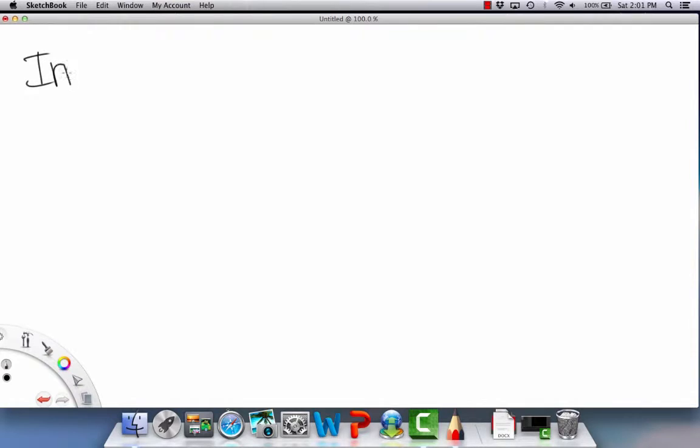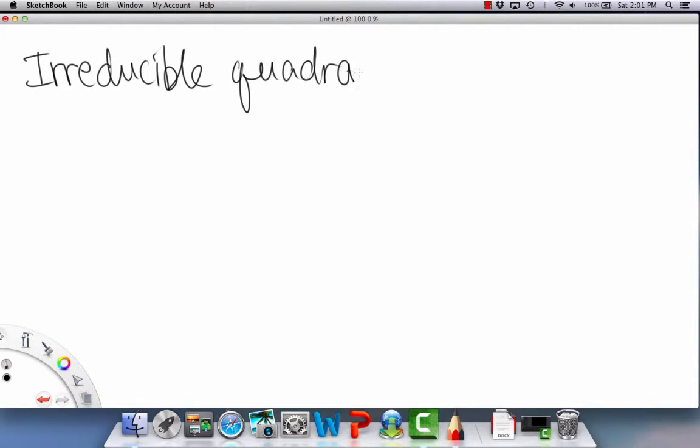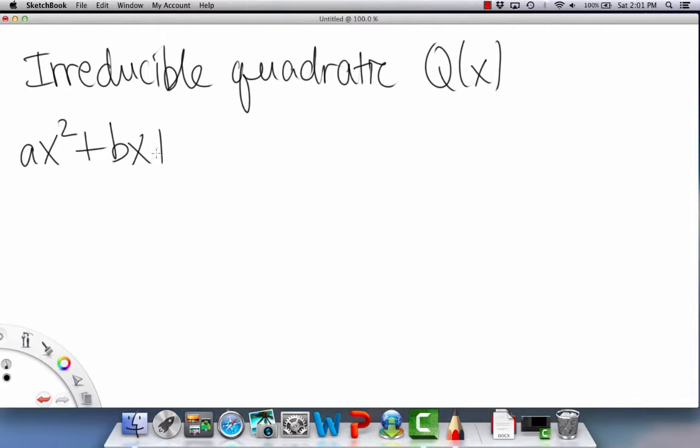This is in the case where we have what's called an irreducible quadratic q of x. Quadratic, first of all, means you have some kind of x squared in there, some x to the second power, and this would be the general form of a quadratic.